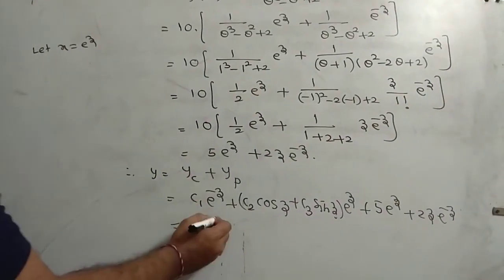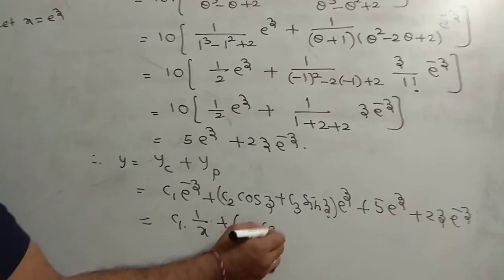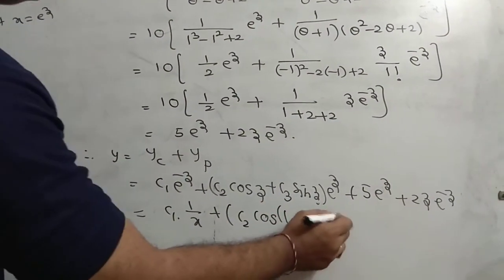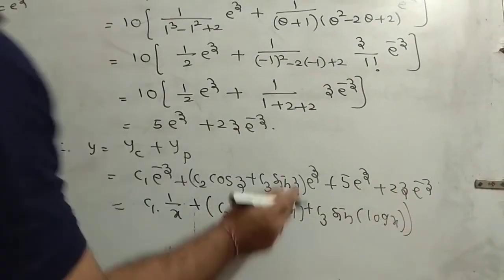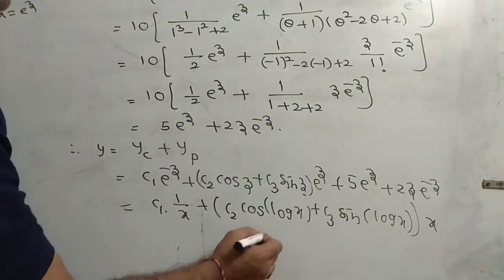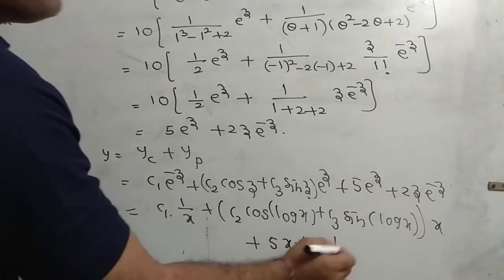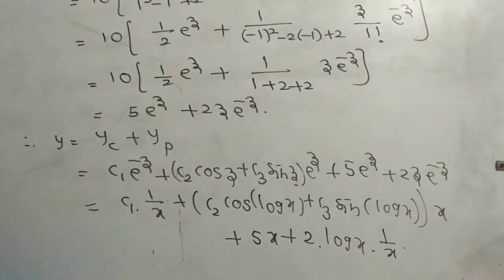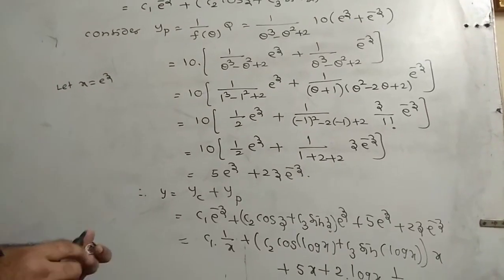C1 e power minus z can be taken as 1 by x, plus C2 cos of that z value, which is nothing but log x, plus C3 sin of log x, and totally e power z, which is nothing but x, plus 5 into e power z, which is nothing but x, plus 2 into z value, which becomes log x, and e power minus z value is 1 by x. So that is your complete solution corresponding to the given differential equation.